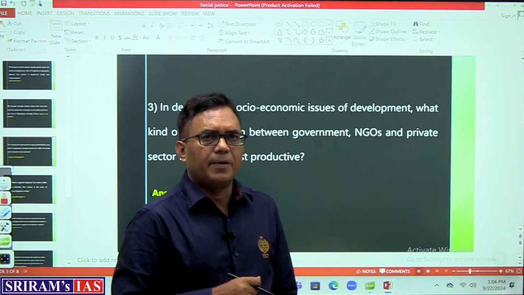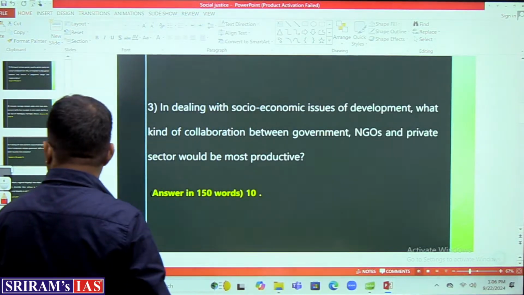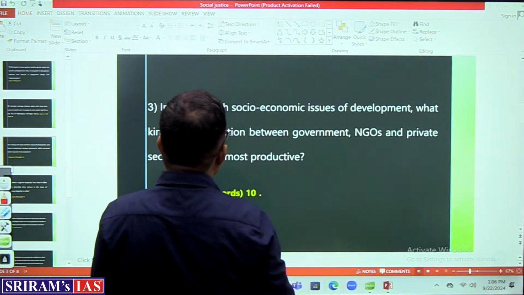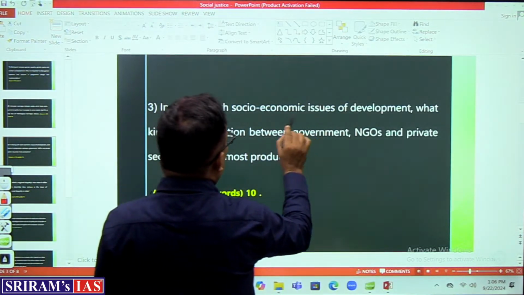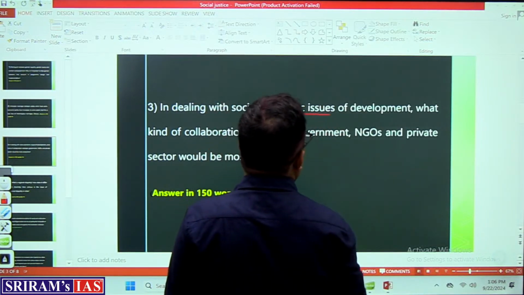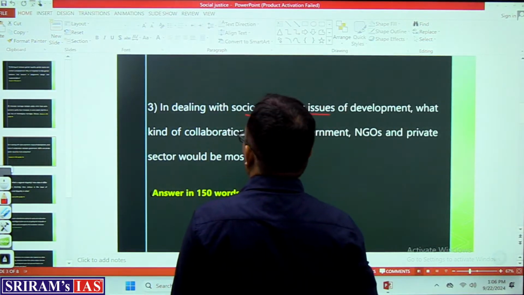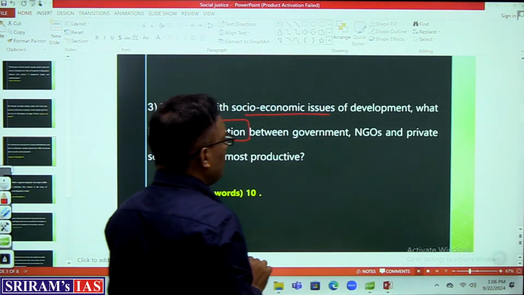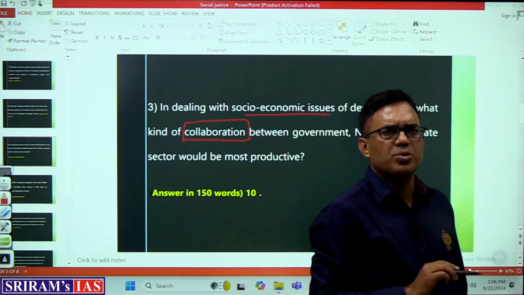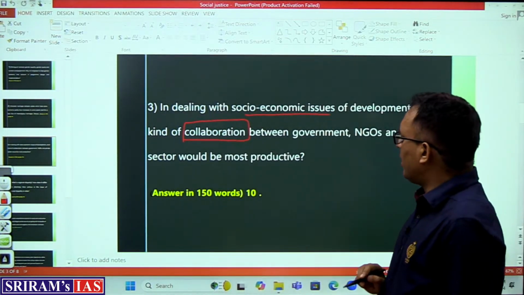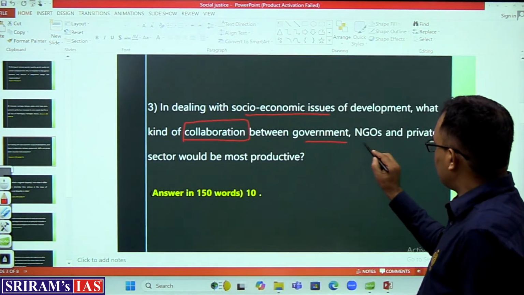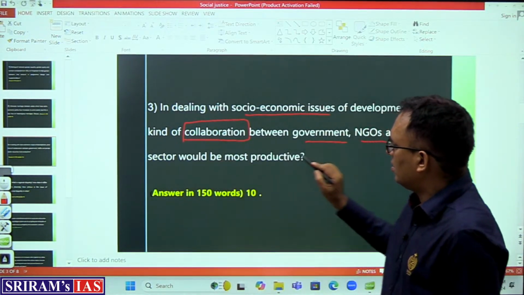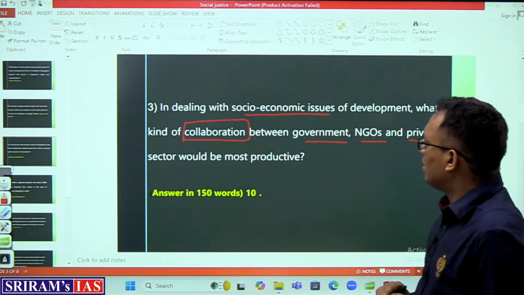Three words are there. If you understand here, in dealing with the socio-economic issues of development, what kind of collaboration is required between government, between NGO and between private sector?